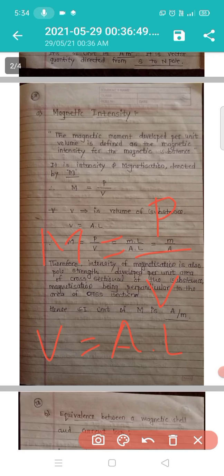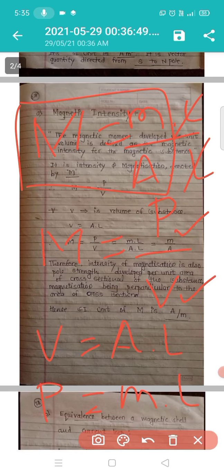Put the value of P and V. P is equal to M into L, then we get M is equal to M into L upon A into L. L gets cancelled and we get M is equal to M upon A. Therefore, the intensity of magnetization is also the pole strength developed per unit area of cross section of the substance, magnetization being perpendicular to the area of cross section.